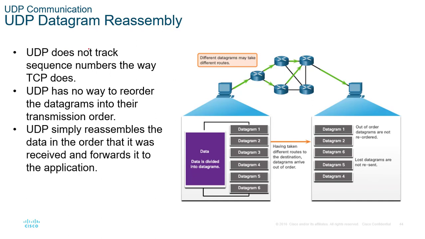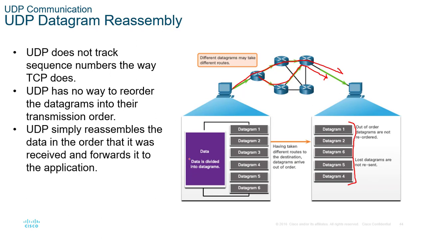So just to again say, the data that's being transmitted across the network may have multiple pathways, and as these segments are sent, they may be received out of order. And with UDP, that's not a concern.